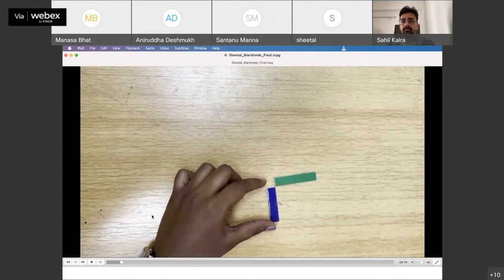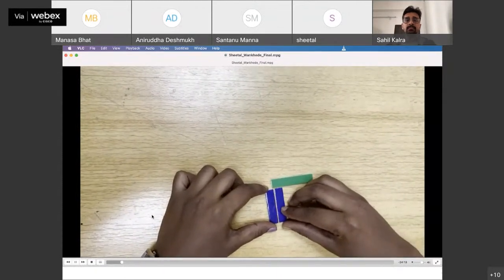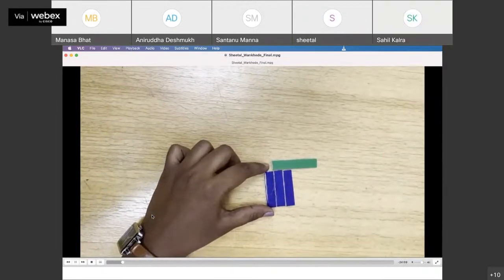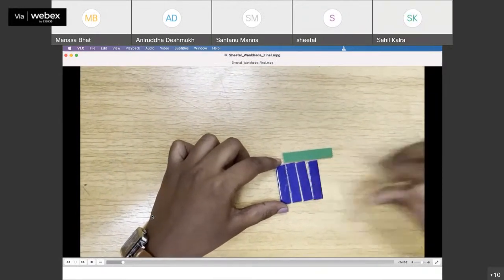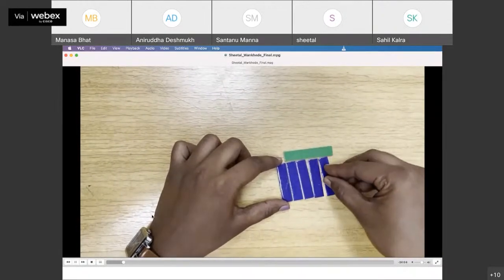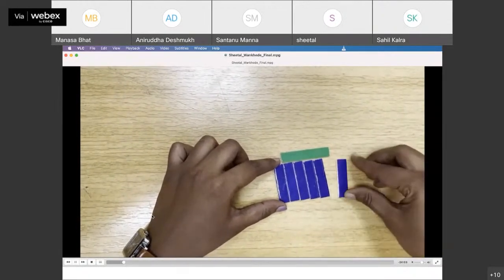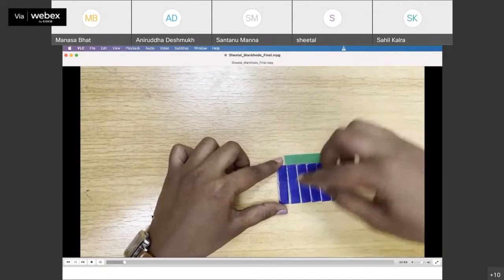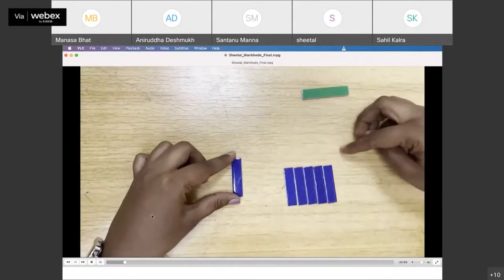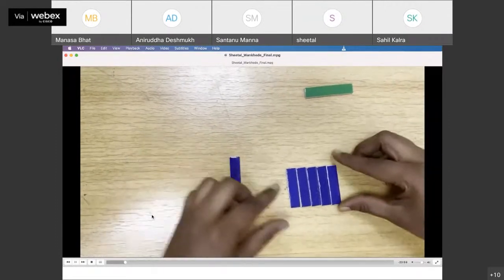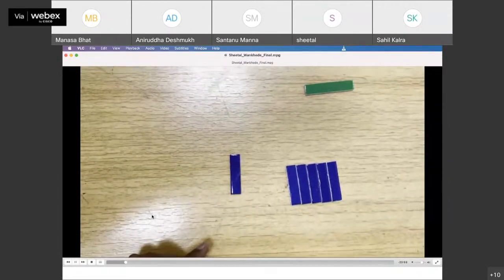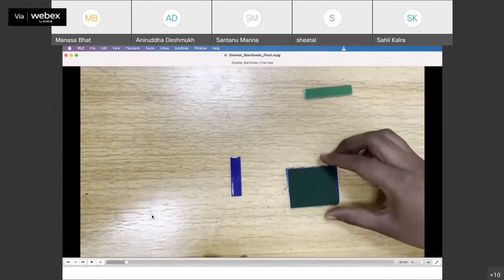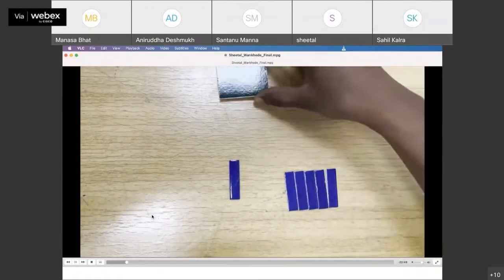For that we need this 1, 2, 3, 4, 5. Okay. So that means this is your rectangle whose one length is y and one length is x. So the total area is xy. For that we have these tiles. Okay. So that means this represents your xy.